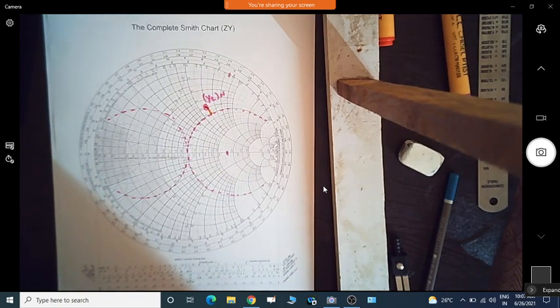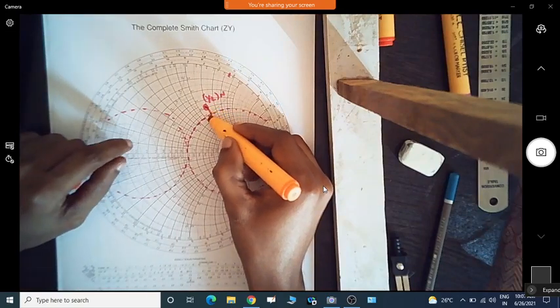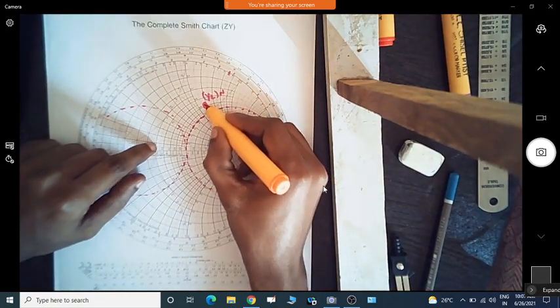It is a shunt capacitance. Moving downwards is always capacitance, moving upwards is always inductance. So moving on the conductance circle downwards, it is a shunt capacitor.